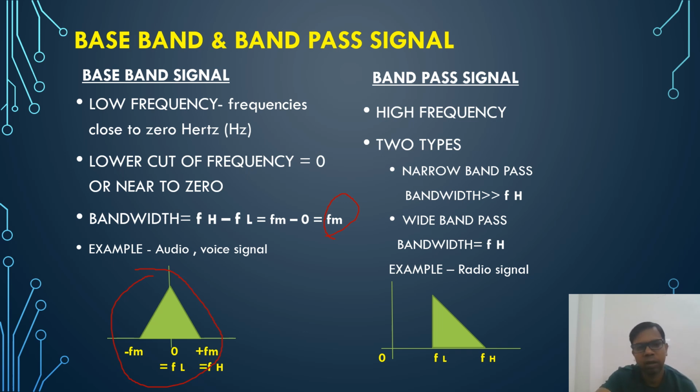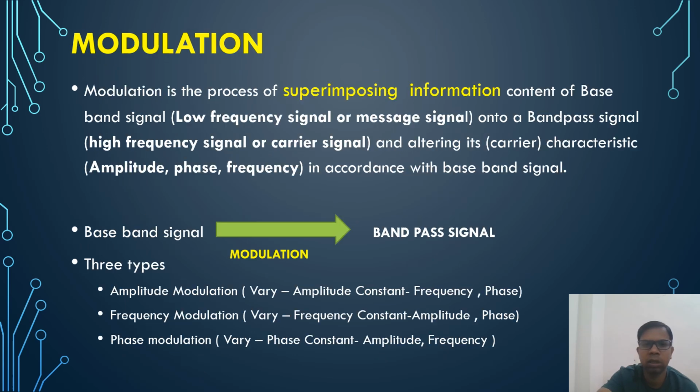So when the bandwidth is comparable with the modulating frequency, it is called the baseband signal. So this is the simple and clear cut sign for understanding which is the baseband signal. And apart from this, the bandpass signal, as clearly it is a high frequency signal, has its lower cutoff frequency.